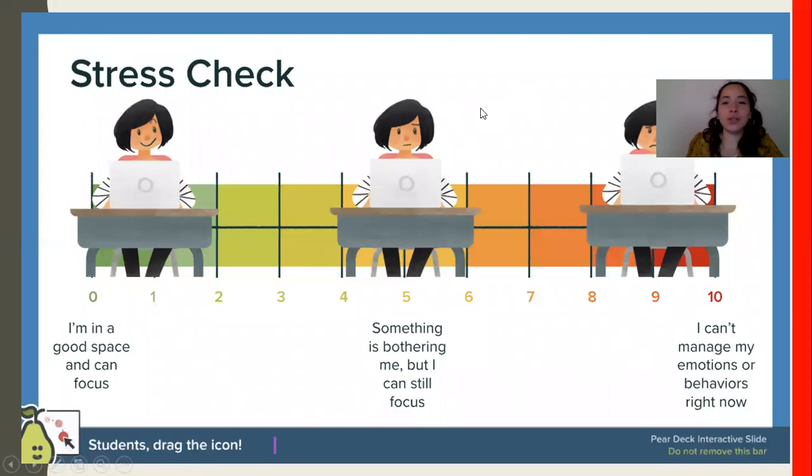As always, let's do a stress check where we type in the box. How are you feeling? Four.